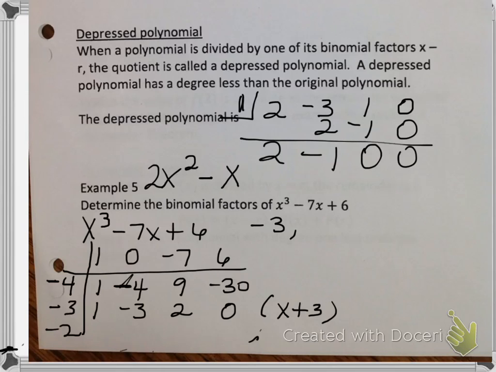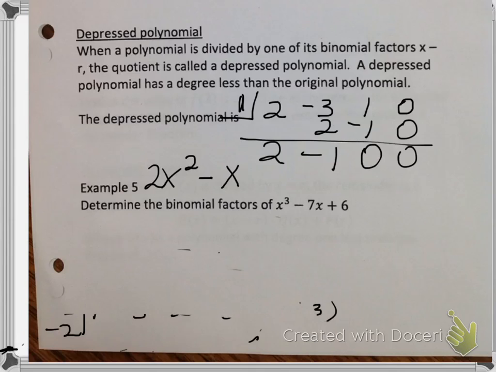Another method that we could do is, we know that one root works. We can use that negative 3, and then we can find the depressed polynomial and factor it. So let me erase what I did here so I can make room to show you that.